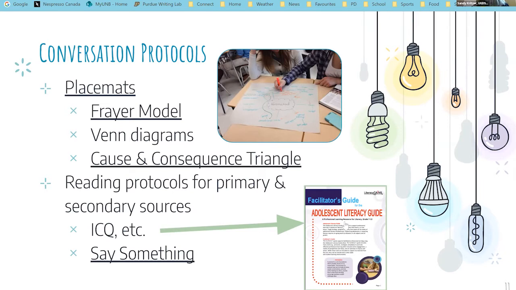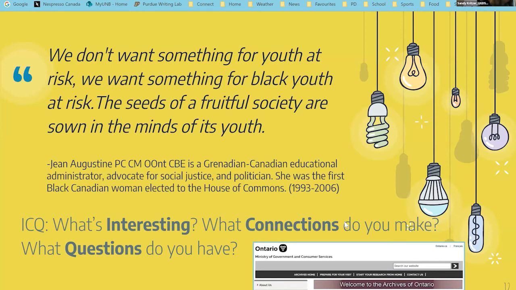They're just short. Then they read the next section together and do the same thing. So it's a way to chunk that reading and give them a chance to interact with it together in a small group, usually groups of 3. So these are some examples of many ways of having conversation-based protocols.